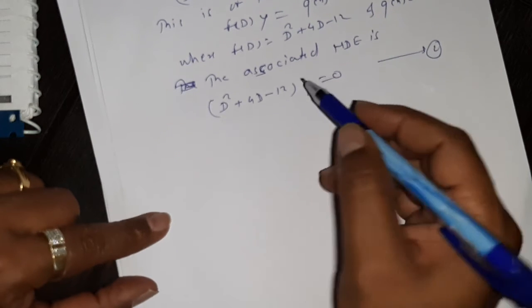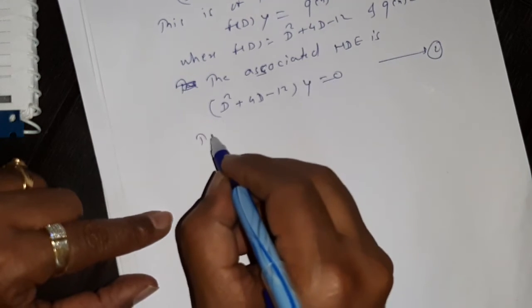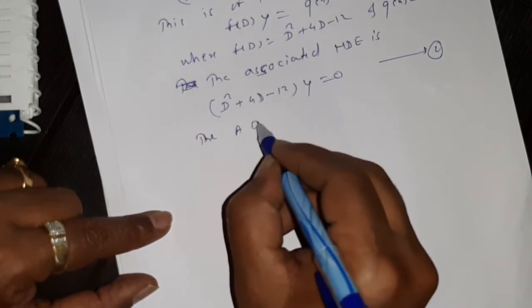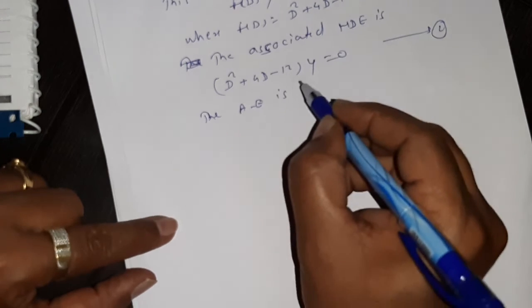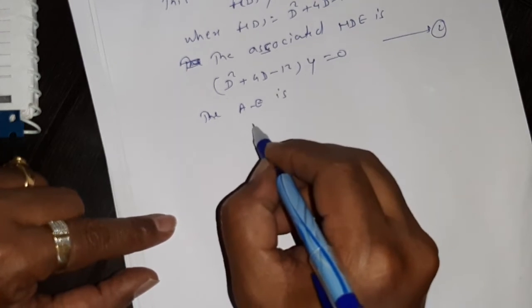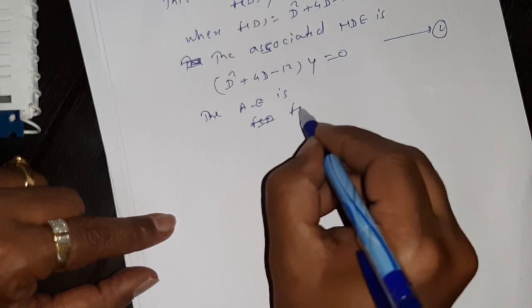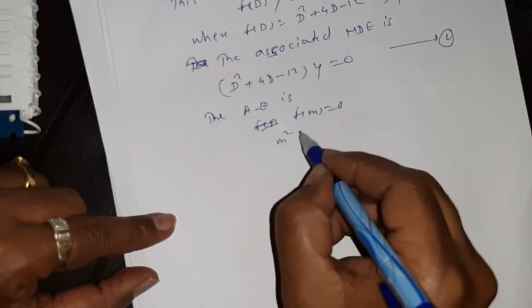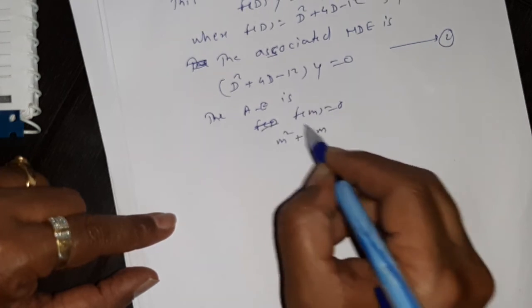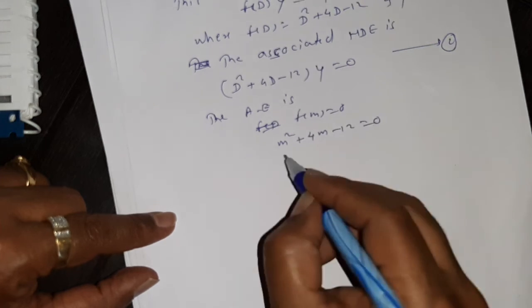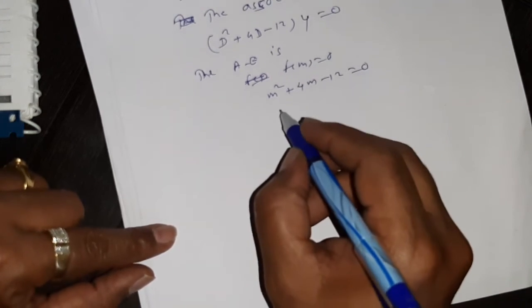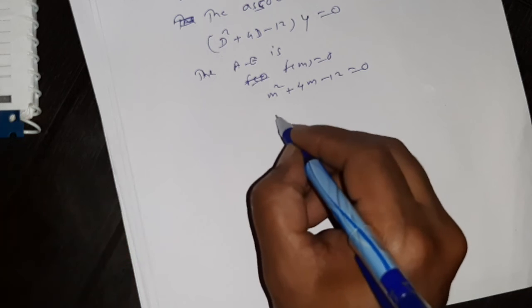We'll find the general solution of this equation. For that, write the auxiliary equation. The auxiliary equation is f(m) is equal to 0, that is, replace D by m. So factorize this polynomial.